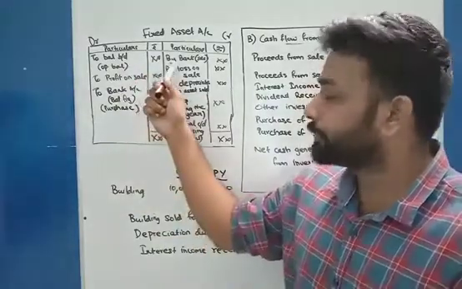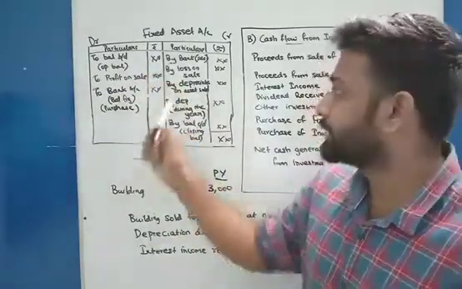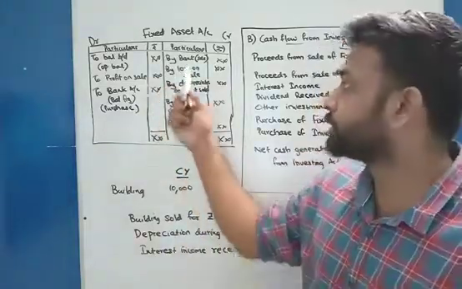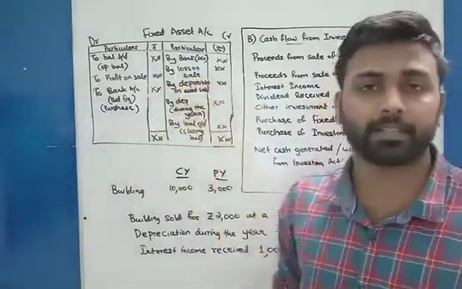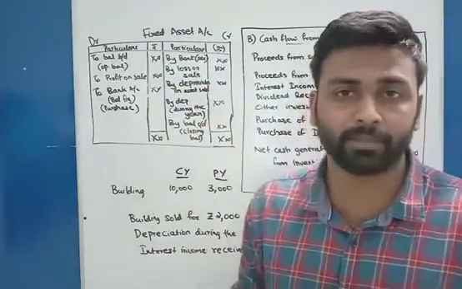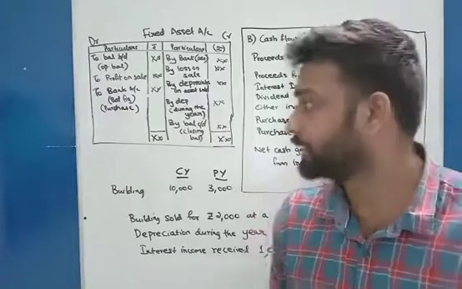Then if there is any sale of fixed asset, the value of the fixed asset reduces, so we note it as 'by bank, sale amount'. The sale amount we receive will be given in the question.